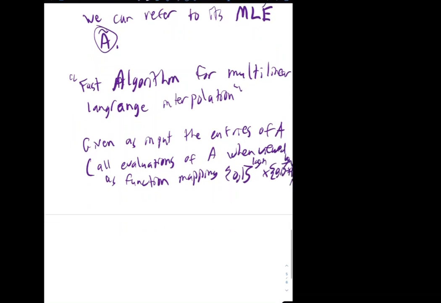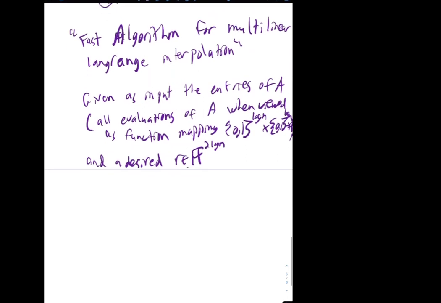So given all evaluations of the function you're extending, and the desired evaluation point R, the algorithm runs. Remember, R will have 2 log n coordinates and can take values anywhere in the field.